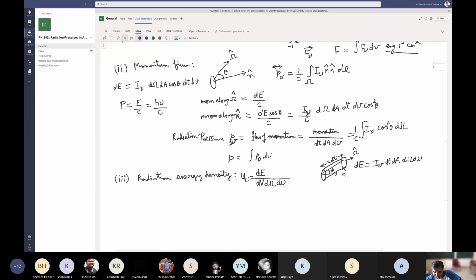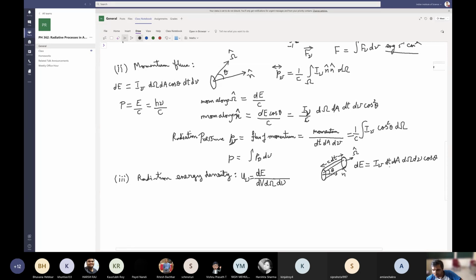So this is the energy, and cos theta, of course, the very important factor of cos theta, because this area is not perpendicular to the direction of the photons that we are considering. So this is the energy crossing this area along that direction.